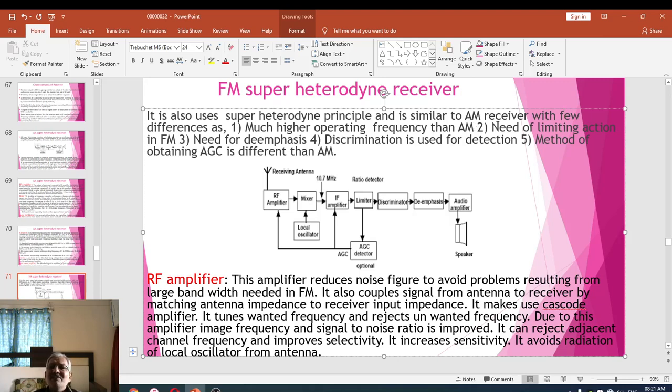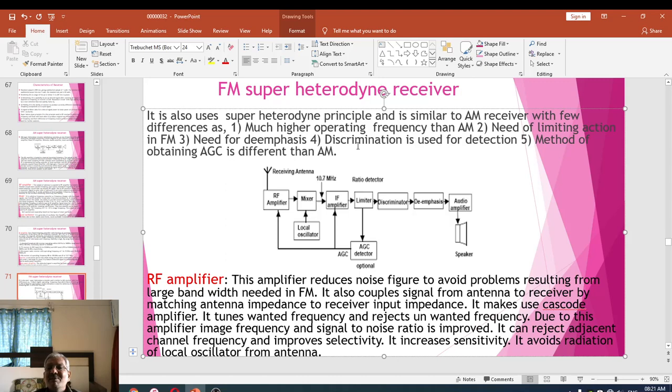Another difference is the need of limiting action in FM. Here, to avoid distortion, a limiter circuit is used, which is not present in AM because in AM distortion is less. Next, it makes use of a de-emphasis circuit, which is absent in AM.